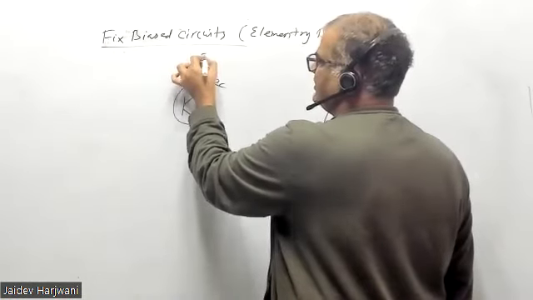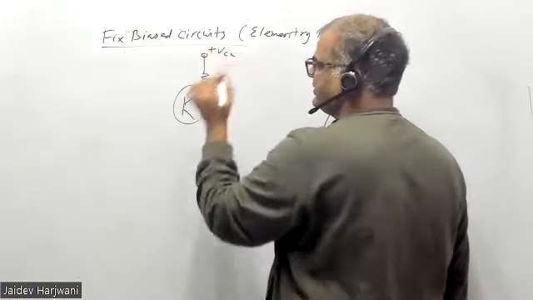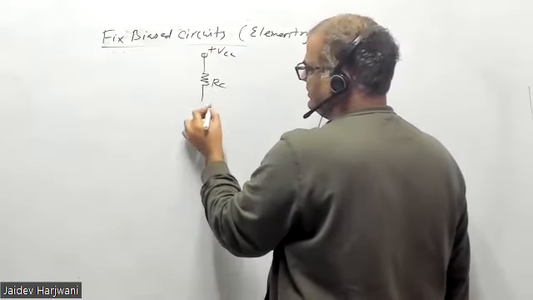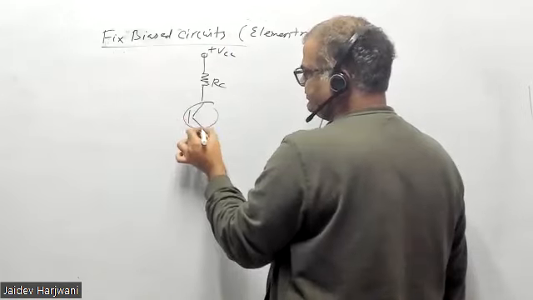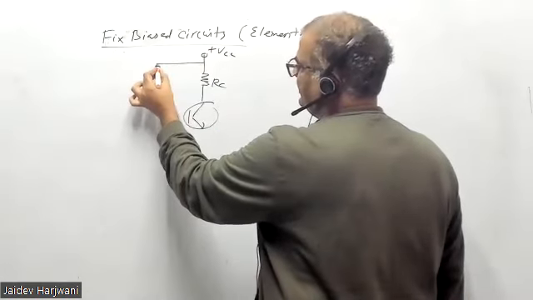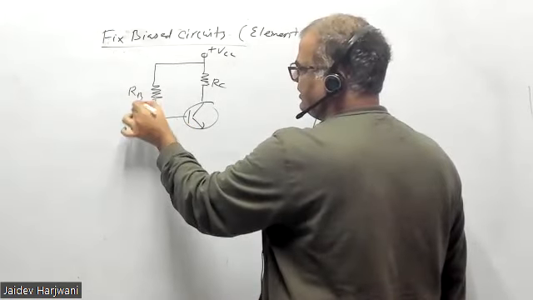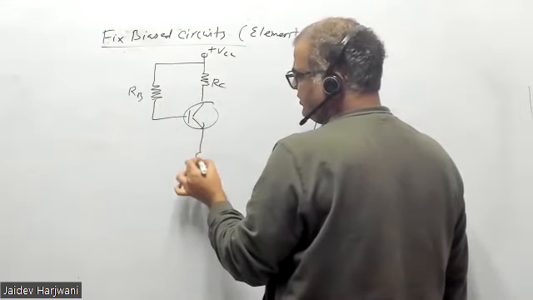So this is my plus VCC. This is my RC, and here a circuit coming RB, and say this is grounded.